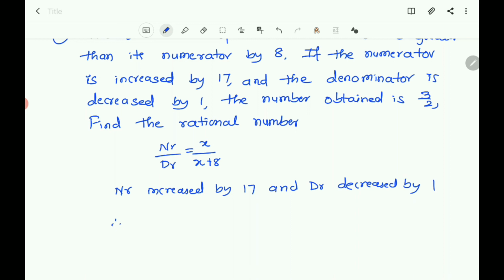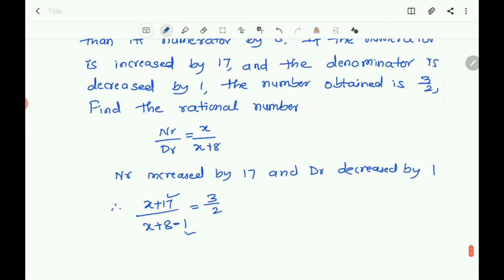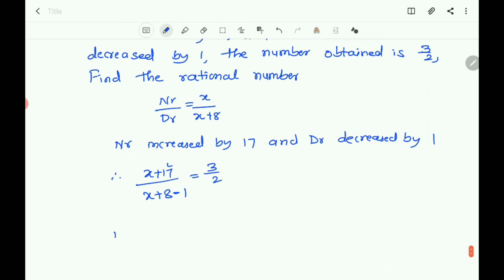The numerator becomes x plus 17 and the denominator is x plus 8 minus 1. So you write the number is 3 by 2. Again here it becomes x plus 17 by x plus 8 minus 1, that is x plus 7, equals 3 by 2.